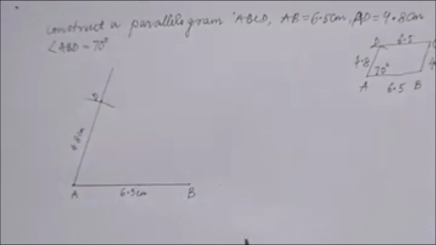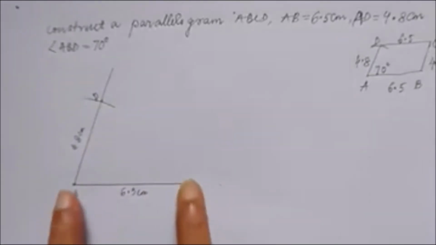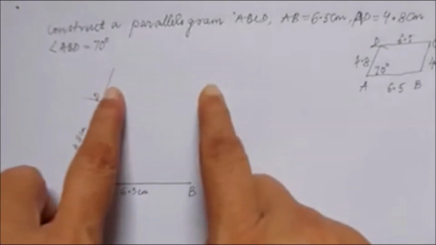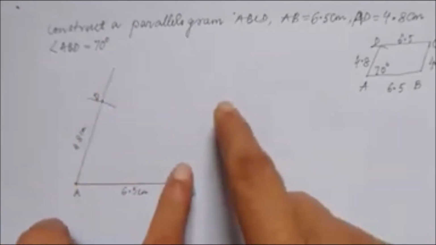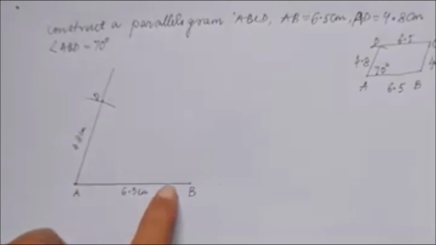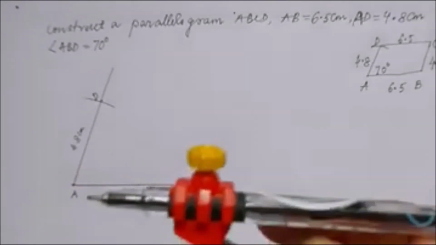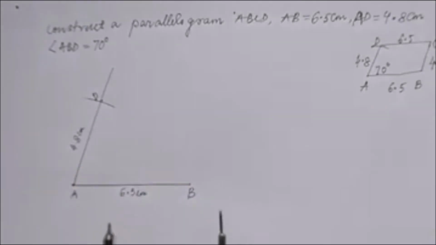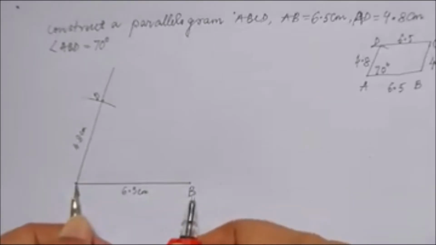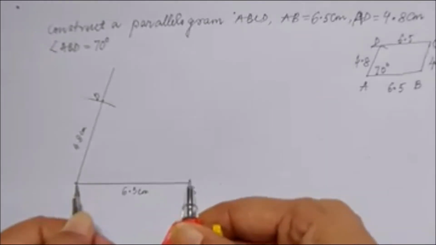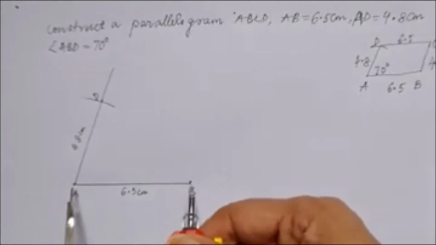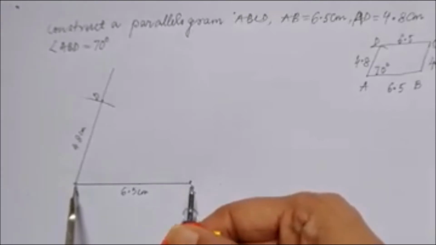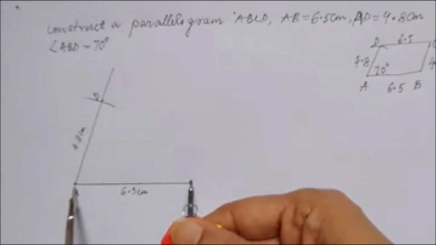So next we know that the length of AB is same as length of CD, and length of AD is same as length of BC. So measuring the AB length exactly, 6.5 centimeter: one compass tip is on A and the pencil tip is on B. This is how I am measuring.